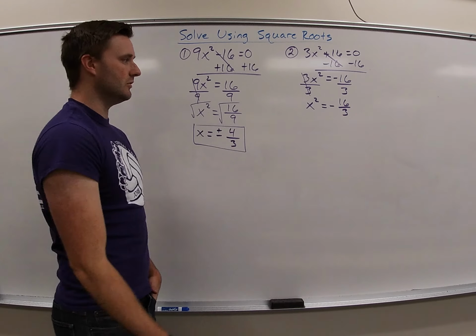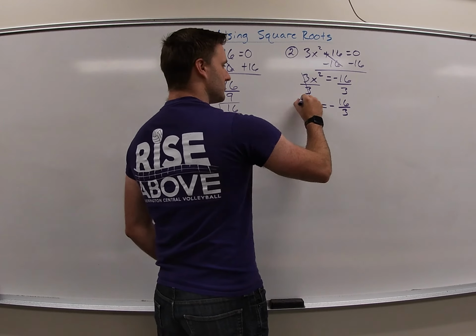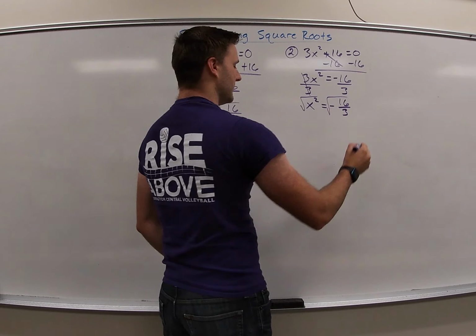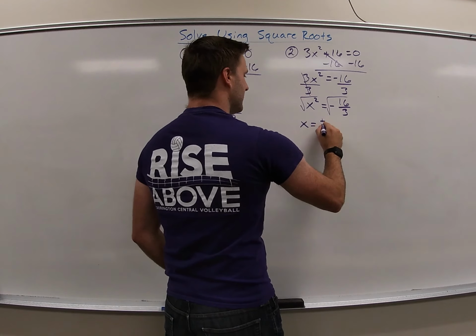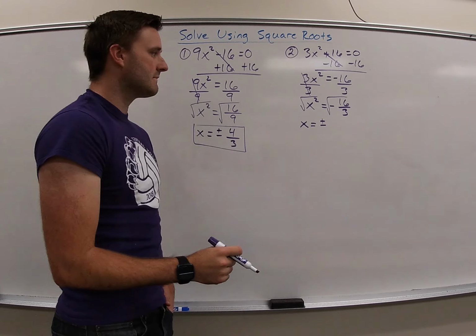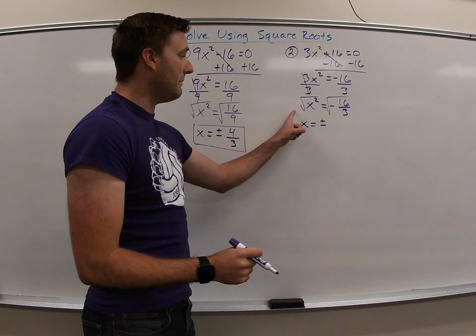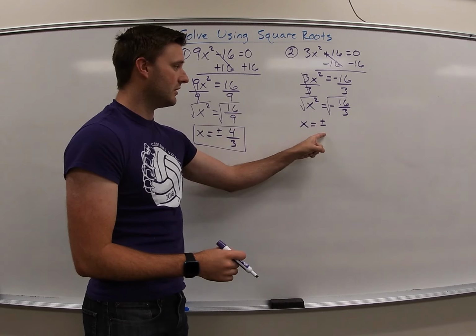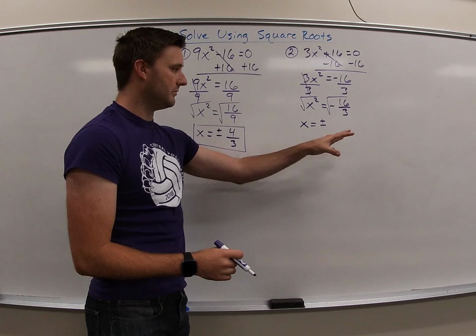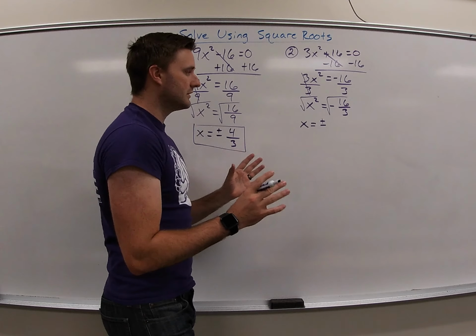Okay, so I want you to pay attention here. We take the square root to get rid of that square. When we take the square root of something, we always do our plus or minus. Don't forget that. When I undo a square with a square root, I always use plus or minus. That's where my two answers come from, the positive something and the negative something. Now let's do this really slowly.